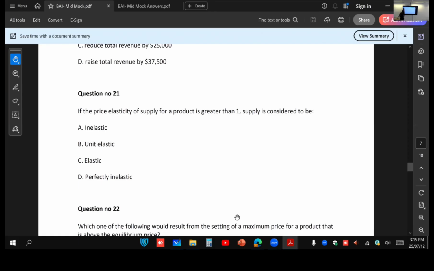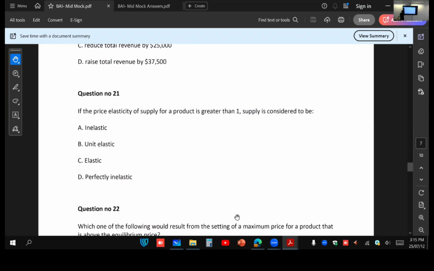Percentage change in quantity supplied divided by percentage change in price, which is a plus figure, and greater than 1 means the percentage change in quantity supplied is higher than the percentage change in price. Accordingly, the answer would be elastic. Clear? Did you understand how I take it?